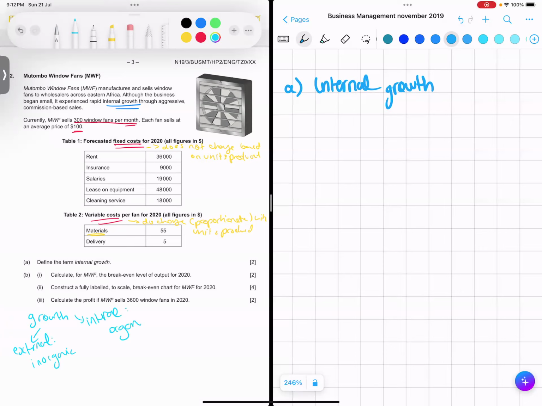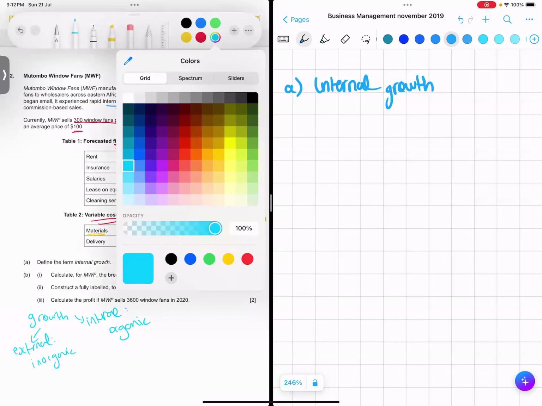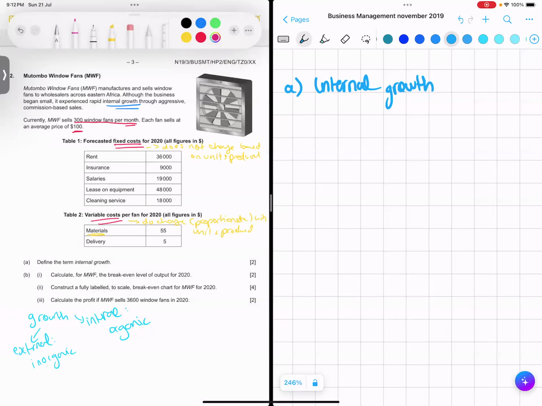What it means is that internal, or organic, growth uses business resources, whereas inorganic growth uses external resources.